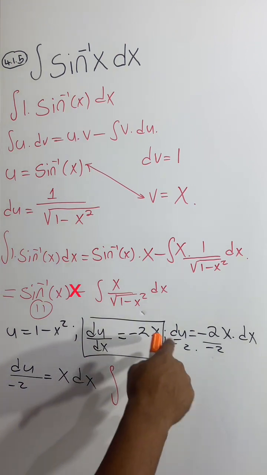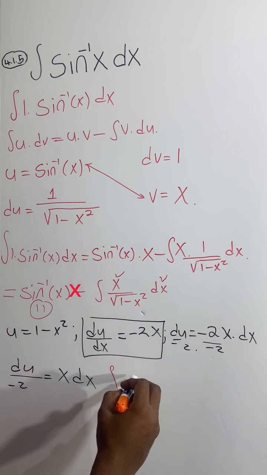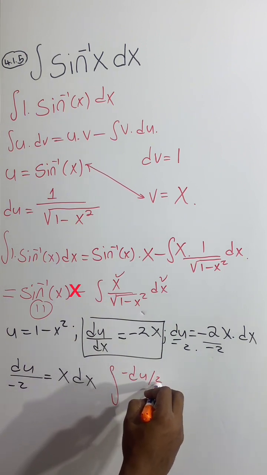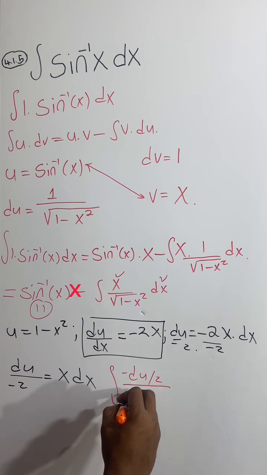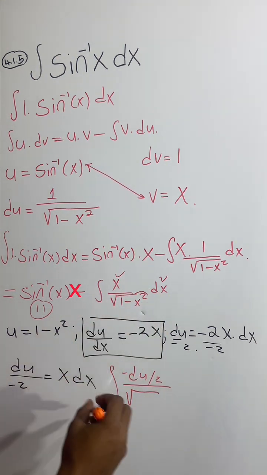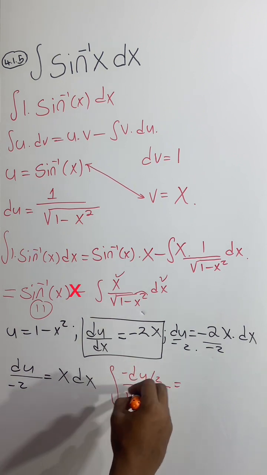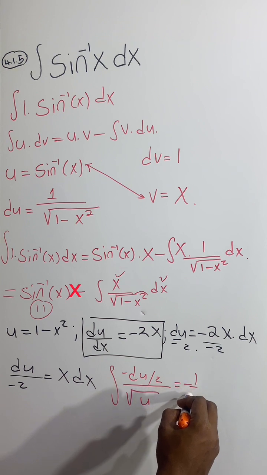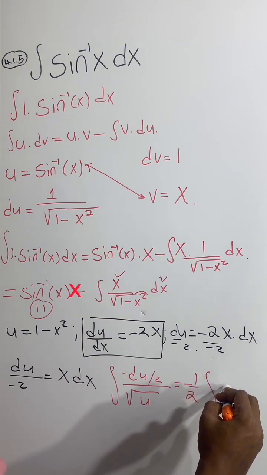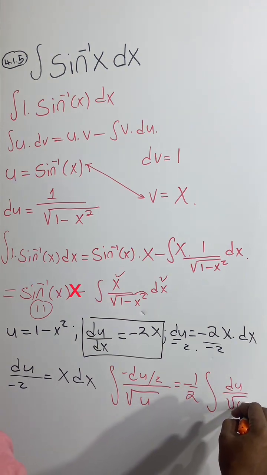So x dx will be substituted with du over negative 2, and 1 minus x squared will be substituted with u, in this integral. So that negative 1 over 2, we can write it out of the integral, and we'll be left with du over the square root of u.